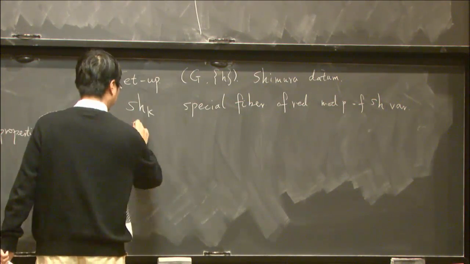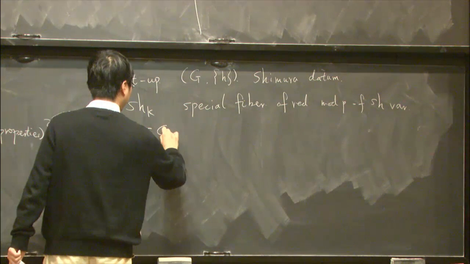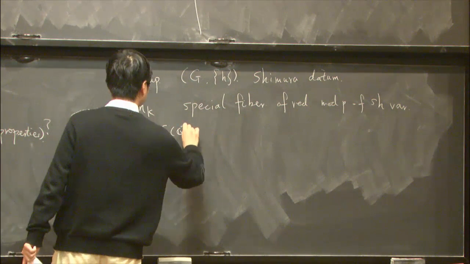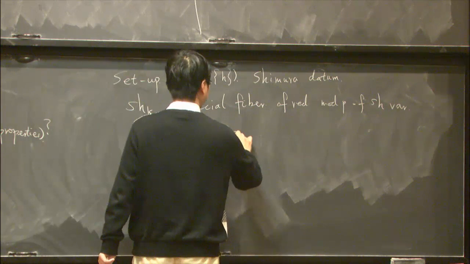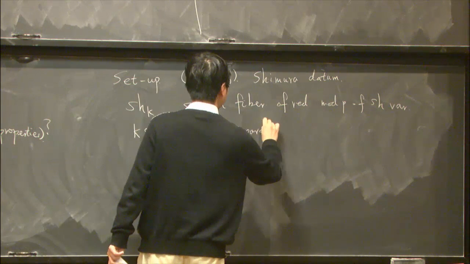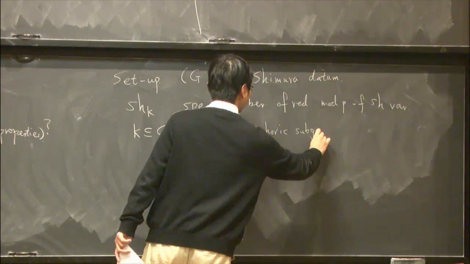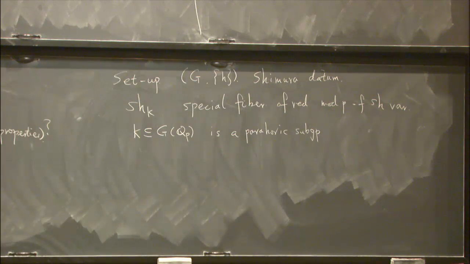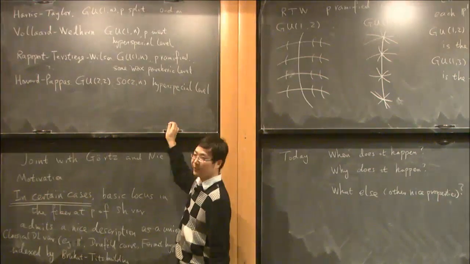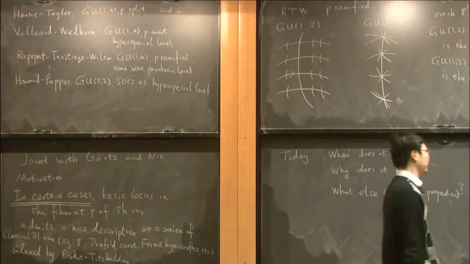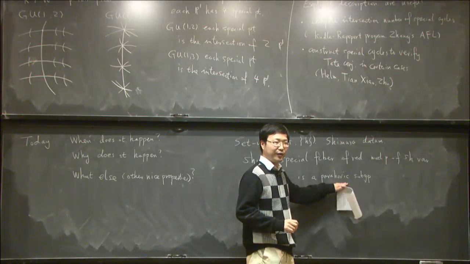And so what is K? So here K is a parahoric subgroup. In all these previous cases, except Harris-Taylor, people think about the hyperspecial or some maximal special parahoric. But here we want to consider an arbitrary parahoric.